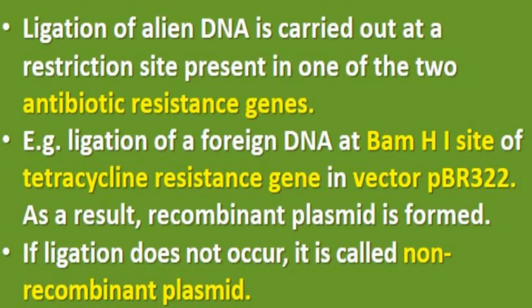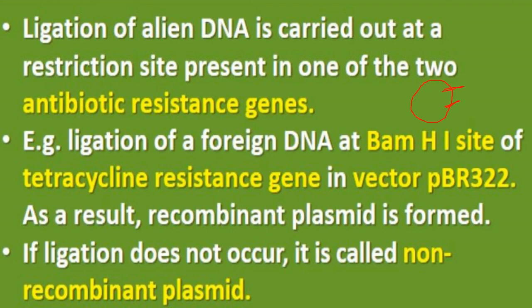Let me clear it. Like this is vector pBR322, and you have already made the structure of vector pBR322, and you must remember that this is the site for the tetracycline resistance gene.